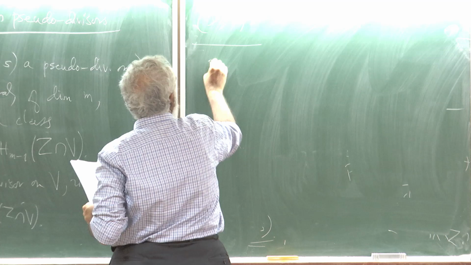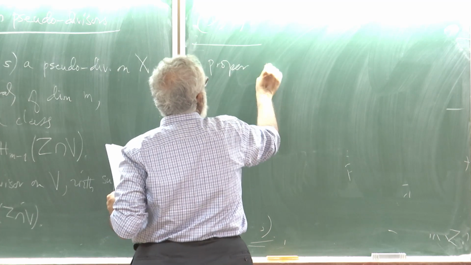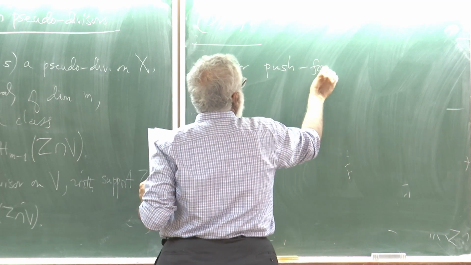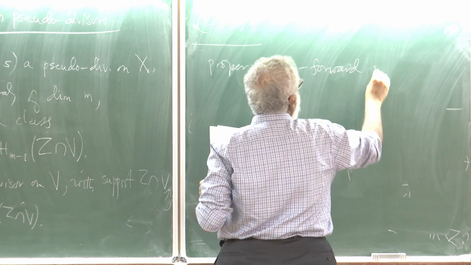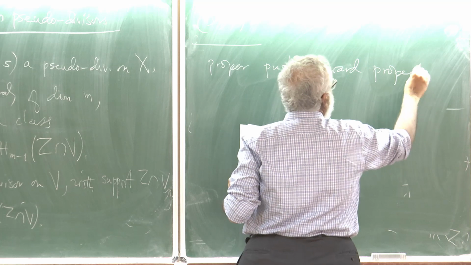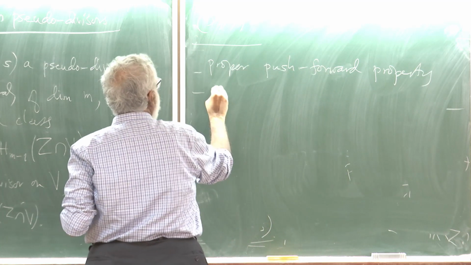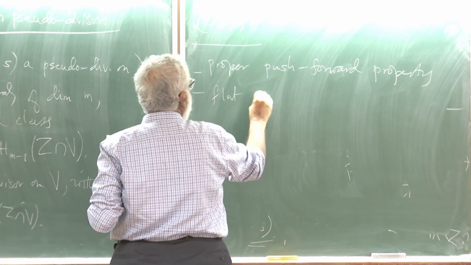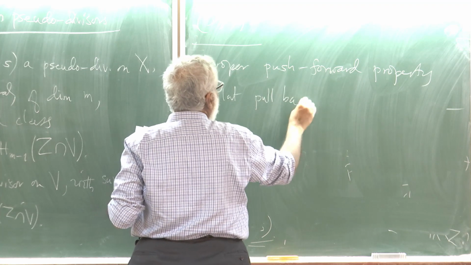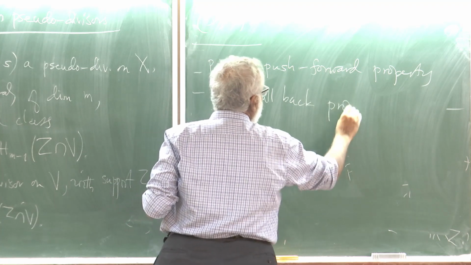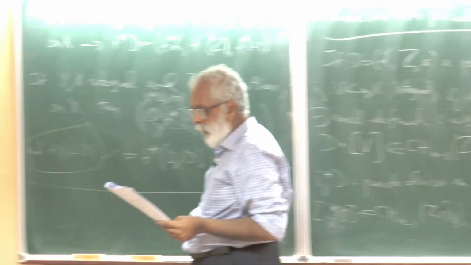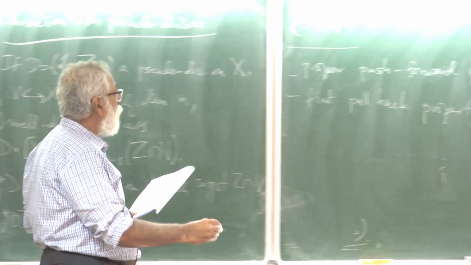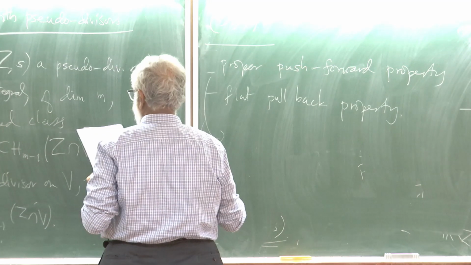So then the proper push forward property is an obvious thing, and then the flat pullback property. So the proper push forward property will say what? That will be some kind of projection formula.